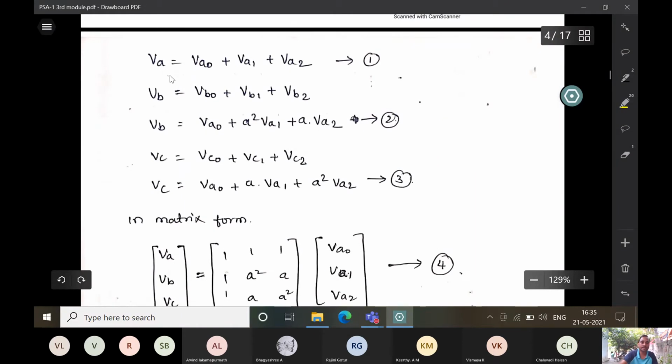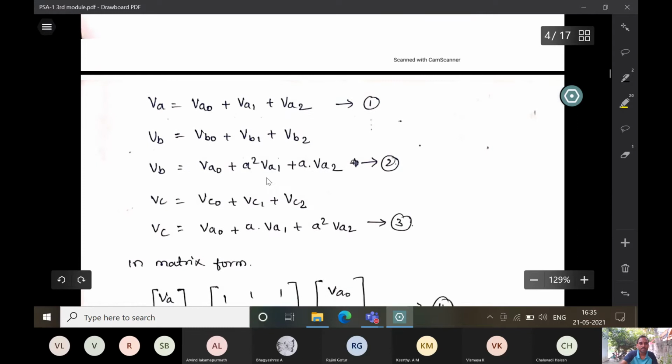So we can write VA is equal to VA naught plus VA1 plus VA2, right? Similarly, VB is equal to VB naught plus VB1 plus VB2. This is the positive sequence, A1 is positive and A2 is negative, and this is the zero sequence component.